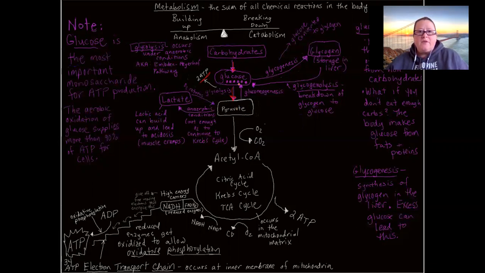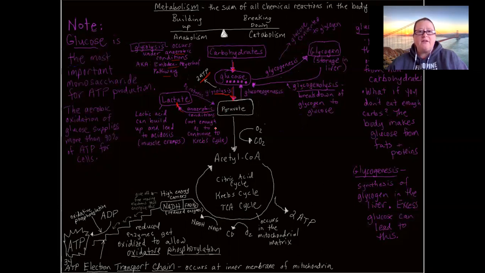And this process, glycolysis, which is what this is, glycolysis occurs under anaerobic conditions. And it's also called the Embden-Meyerhof pathway. If there is not enough oxygen, we have anaerobic conditions, we produce lactate.